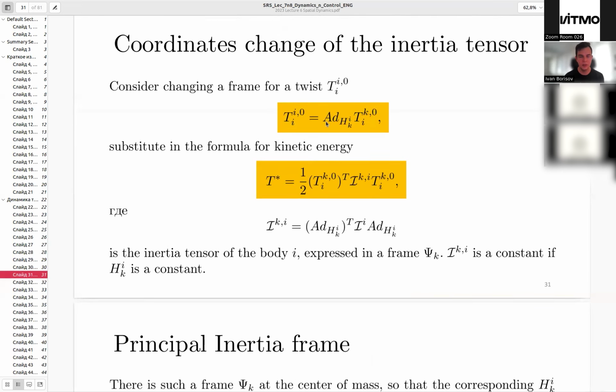So we know that you can change a frame for the twist. Here, look, you have a twist of a body I that moves relative to the frame 0, expressed in I. And here we have the same motion in K. Consider changing a frame for a twist Ti.